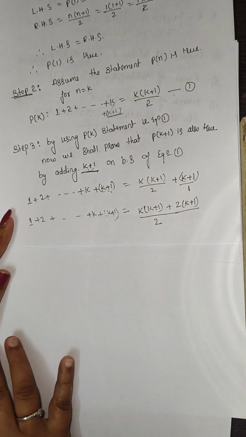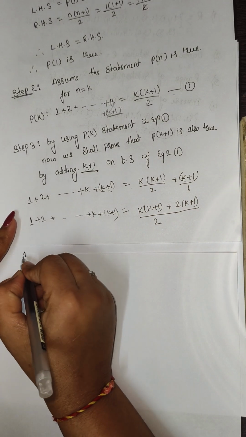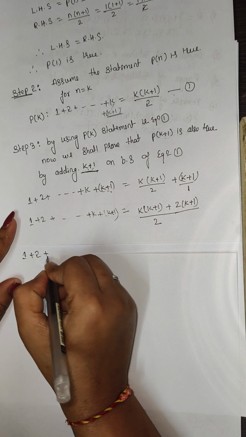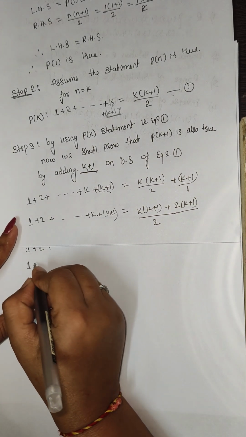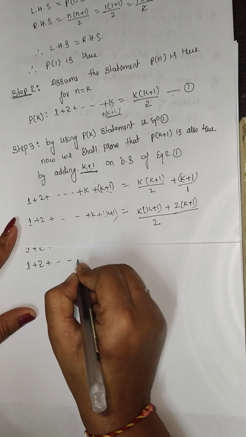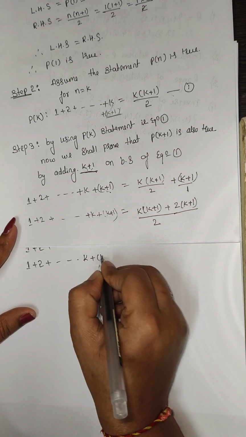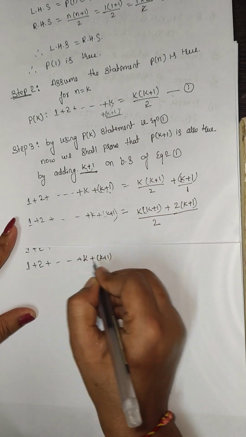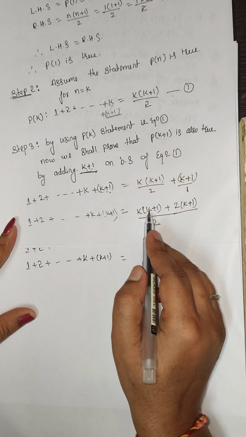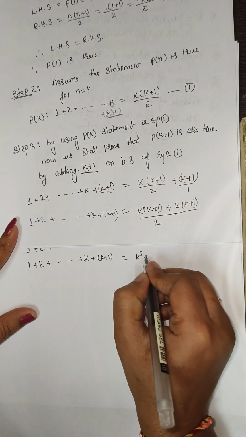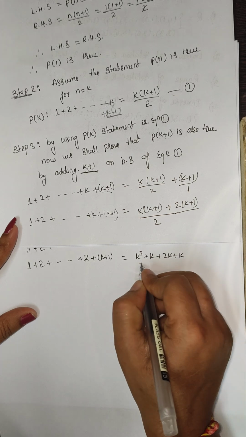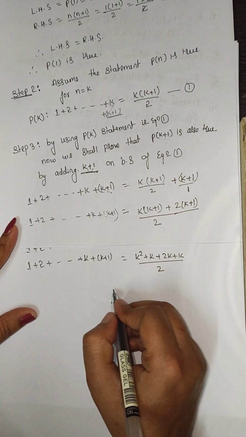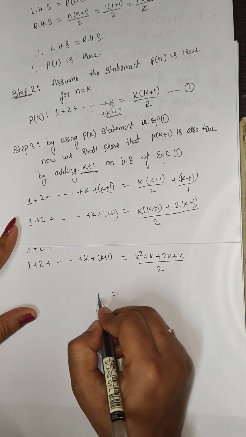I will write the LHS also. Now I will open the bracket. k into k is k square plus k, plus 2k plus 2, divided by 2.